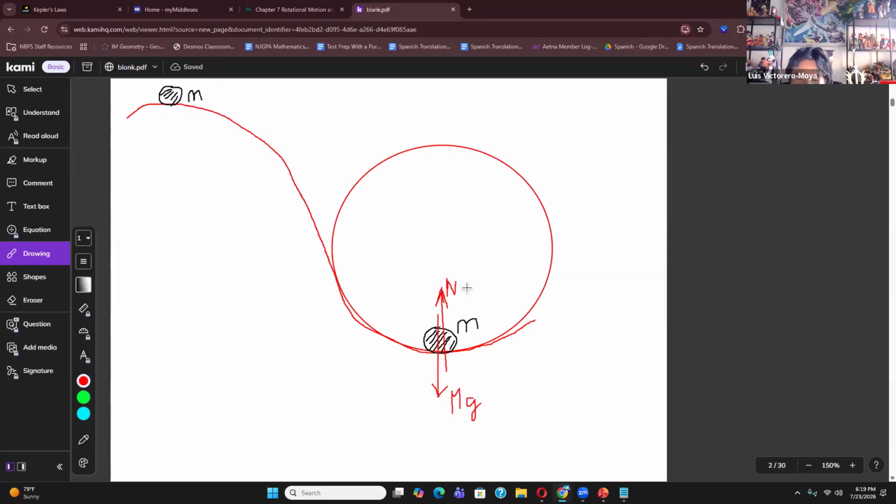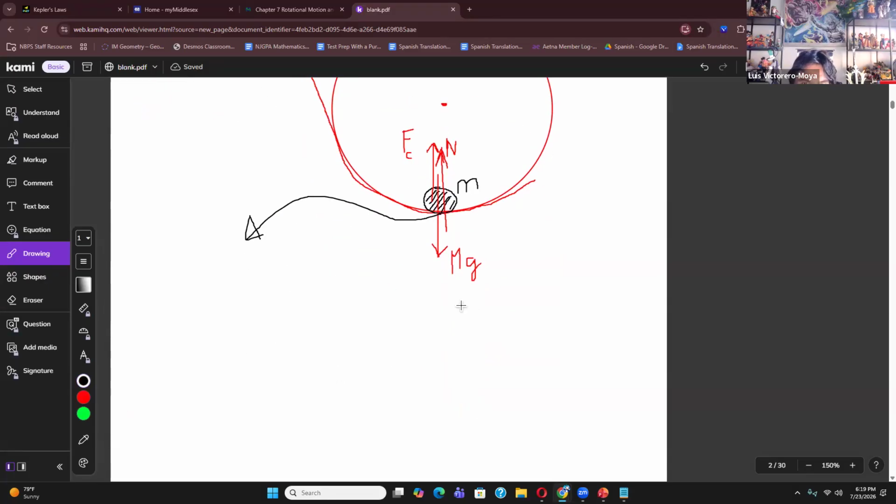That's a force acting on your body. So what else? You have the centripetal force. So what's the condition at the bottom?